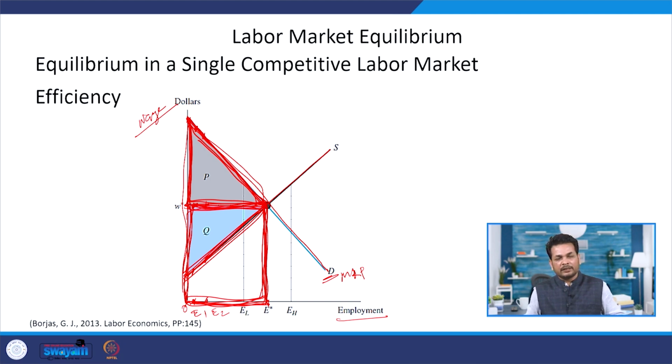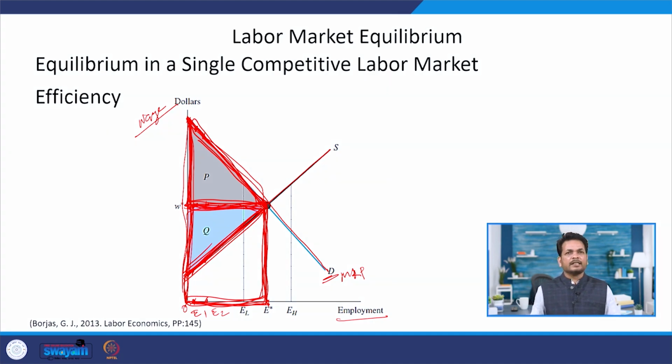So, if you add both these players, the employer and the employees: from the employer's perspective, the triangle P is the surplus. From the workers' perspective, Q, this triangle, is the workers' surplus. If you add these two, then the worker surplus and the producer surplus is maximum when the farm is operating at this point.